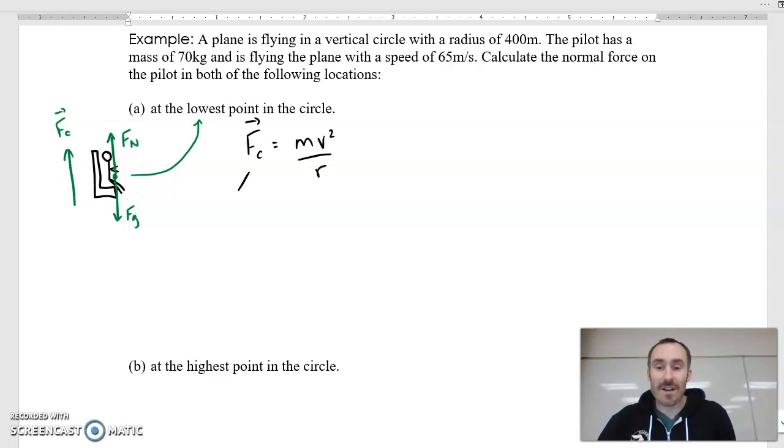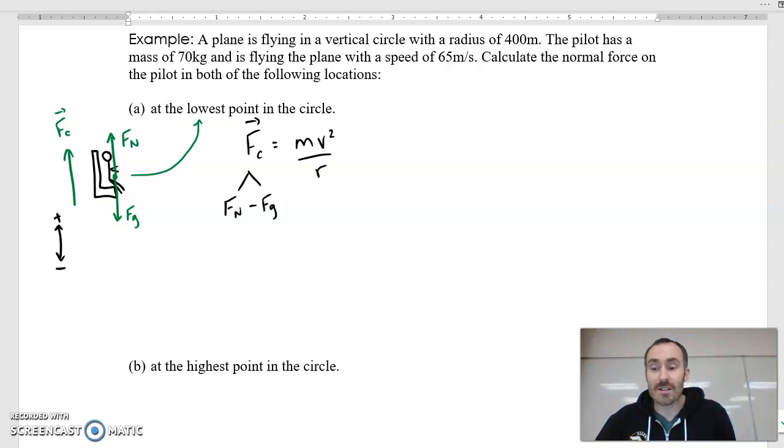So I'm splitting Fc into its pieces, and I'm going to go with the normal force being positive and gravity being negative. I've made that decision because my centripetal force, I know, is going to be upward at the bottom of the circle.